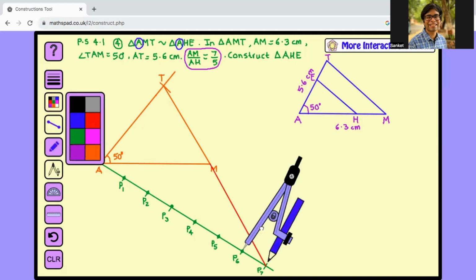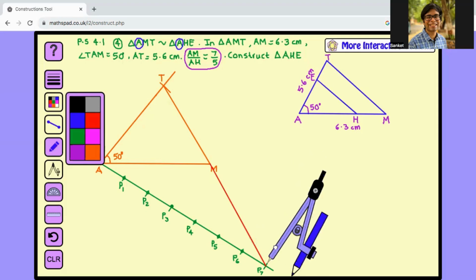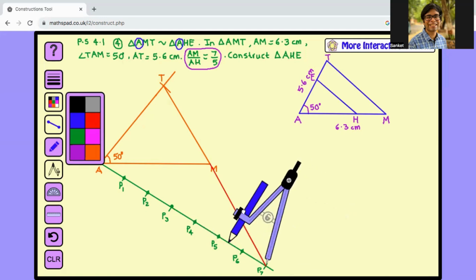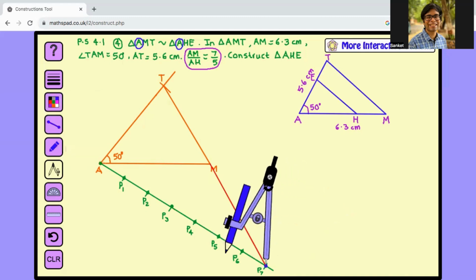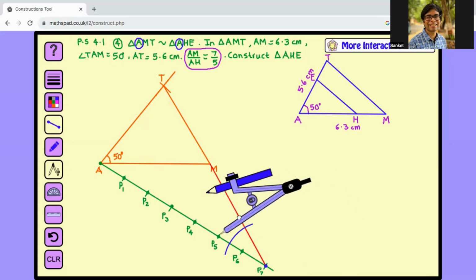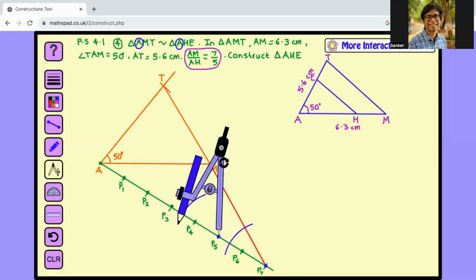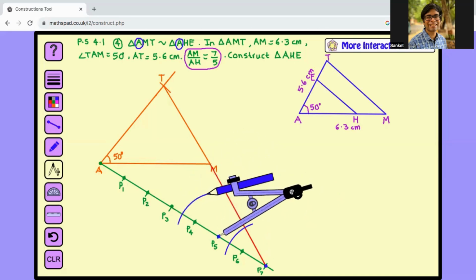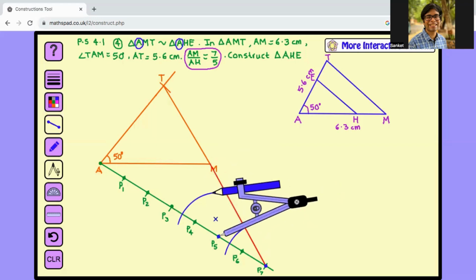So let's start the process of drawing the parallel line. I'm going to keep my compass on P7. Take any distance in the compass and draw an arc. Then I'm going to take the same distance in the compass and put my compass on P5 and also make an arc.